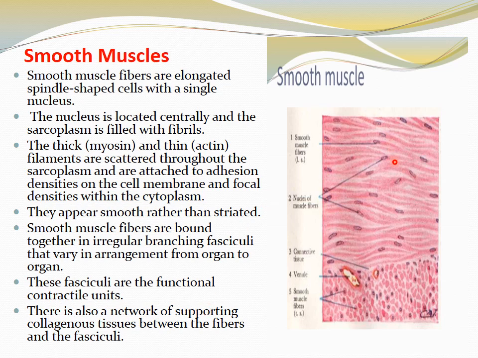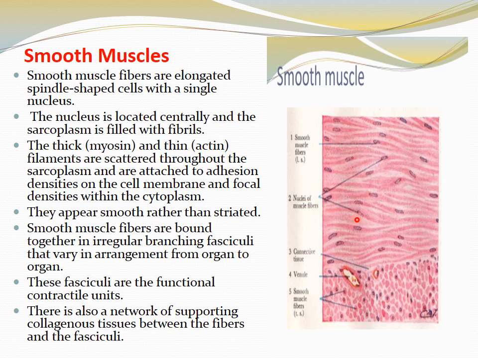So you see the histological appearance of the smooth muscles. The smooth muscle fibers are elongated spindle-shaped cells with a single central nucleus. The sarcoplasm, which is the cytoplasm of the muscle, is filled with fibrils.